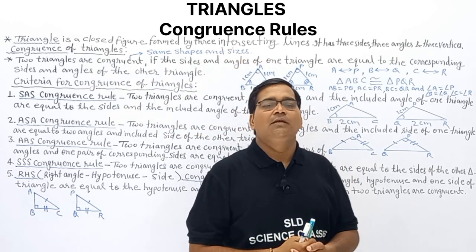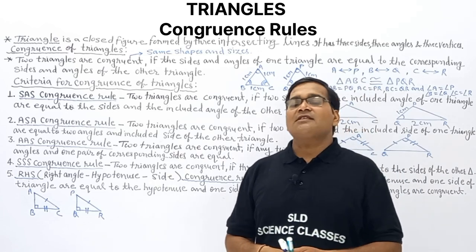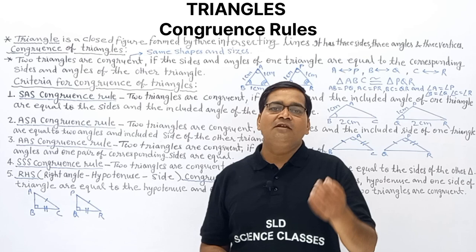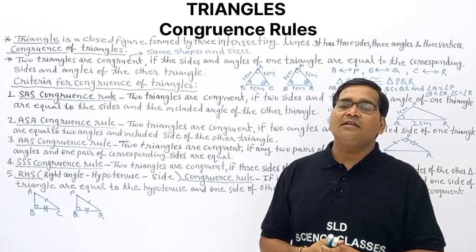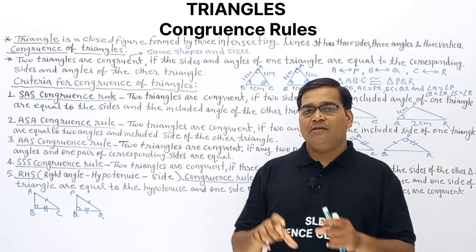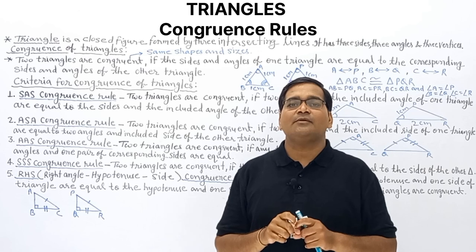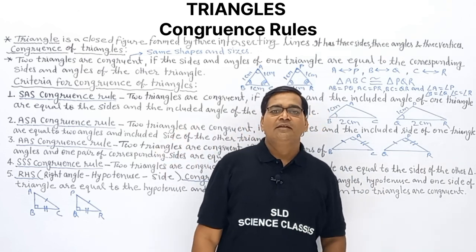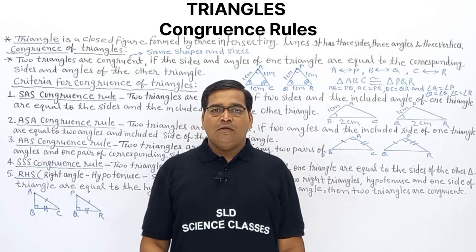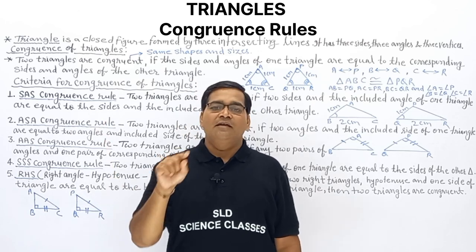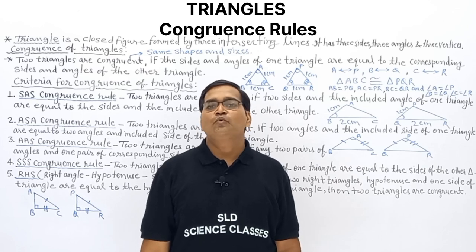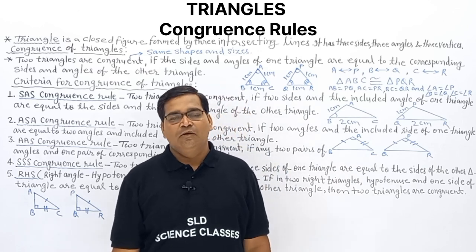We know well about intersecting lines and parallel lines. First, intersecting lines intersect each other. What is the meaning? Once two lines are intersecting at a point, then we can say these two lines are intersecting.